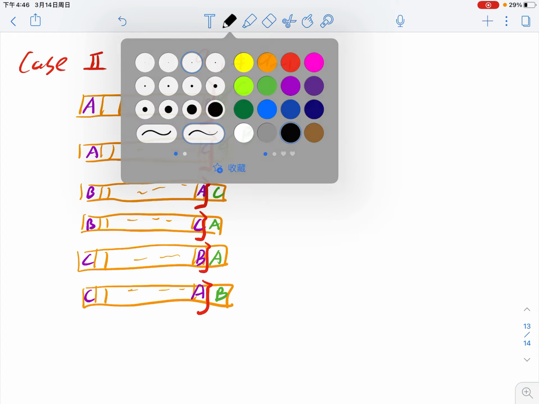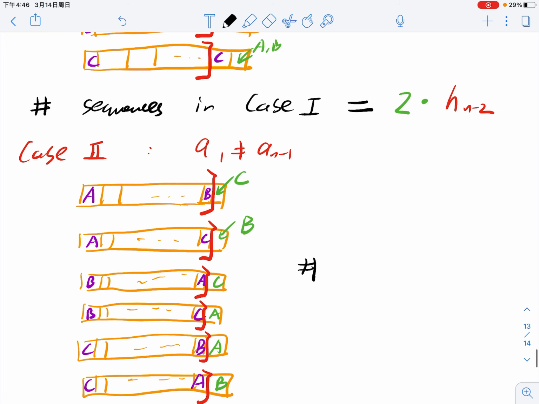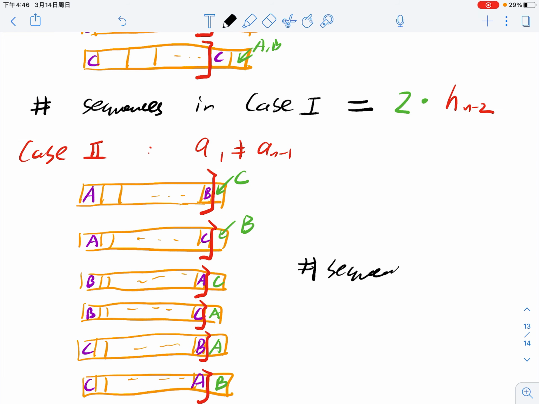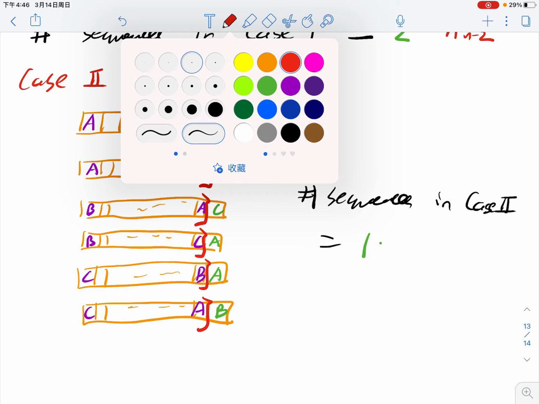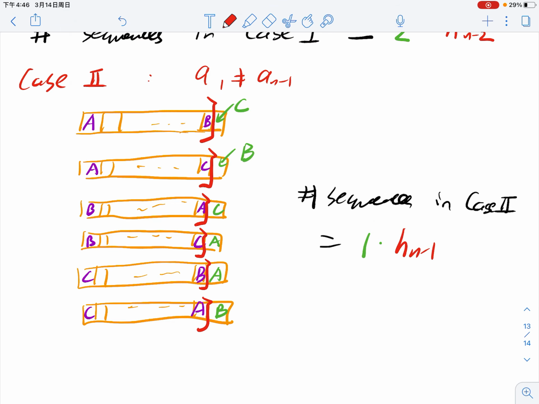Therefore, we can conclude the number of sequences in case 2 is 1 times H(n-1).